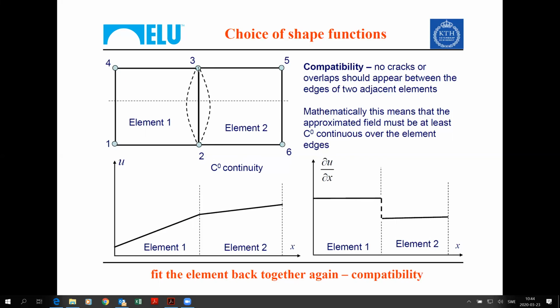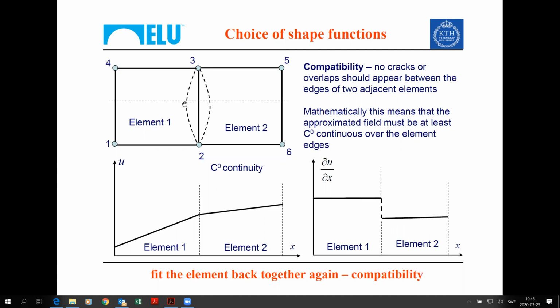Well, we need to impose such a condition because we are using the total potential energy and the theorem of the minimum total potential energy, and the statement of that energy principle was that for all admissible variations or all admissible deformed configurations of the structure, and the condition for a deformed configuration to be admissible was that the compatibility conditions should have been respected.